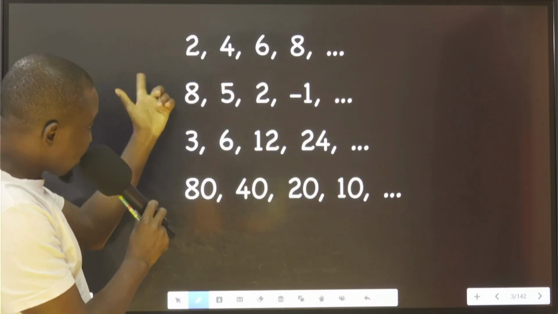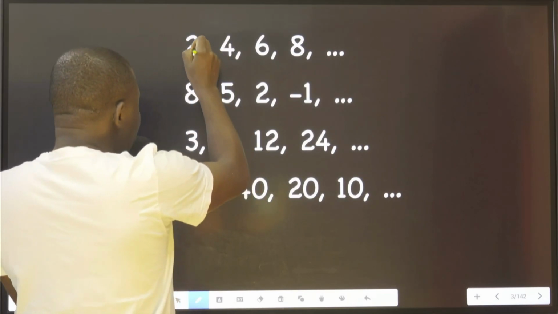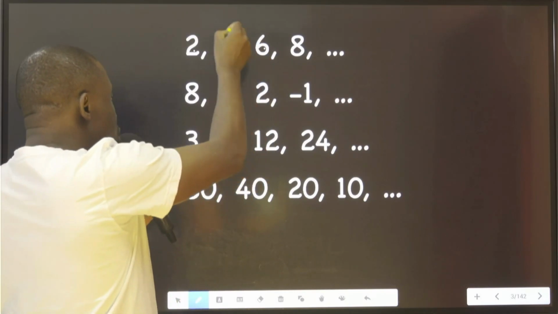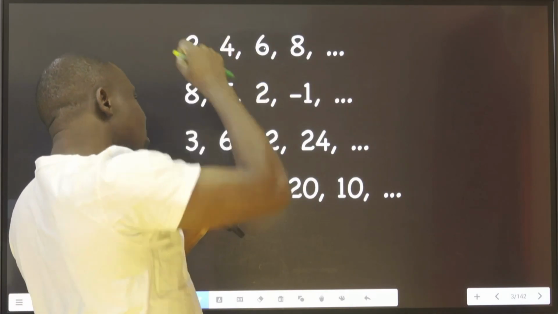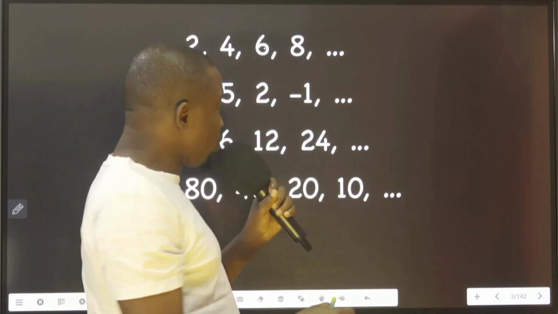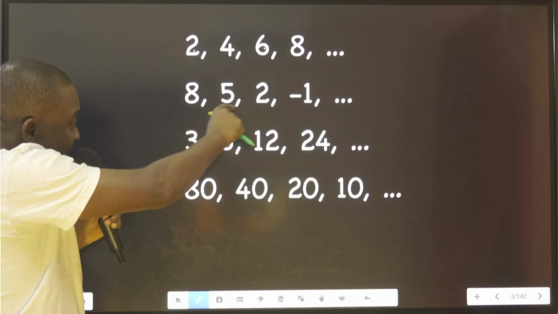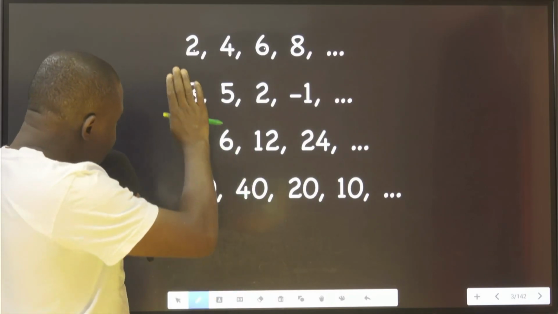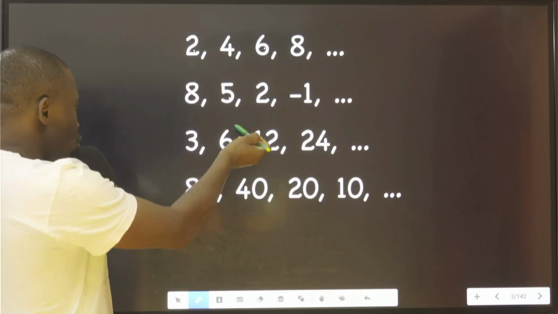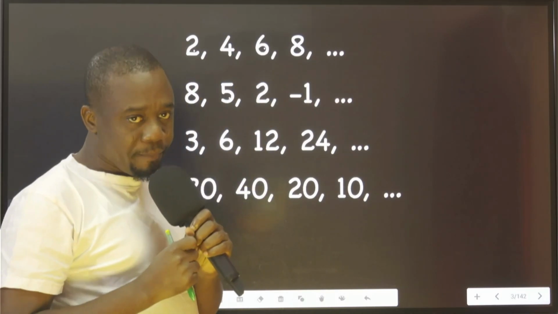Like the first one you can see on the board, to get this, you need to add 2 to this. To get this, you need to add 2 to the previous term. To get this, you add 2 to the previous term. Okay? This sequence is different from this sequence, because to get this, you need to subtract 3 from the previous term.